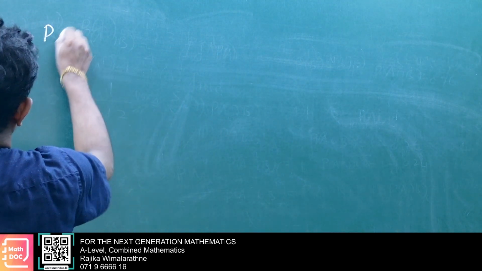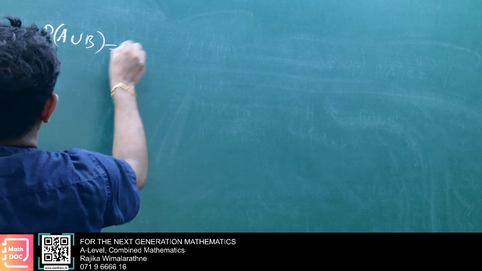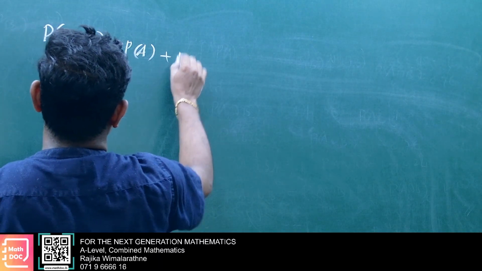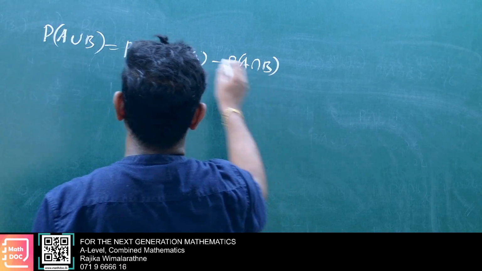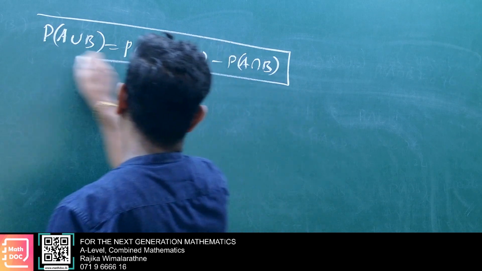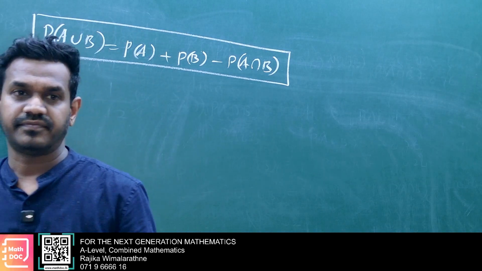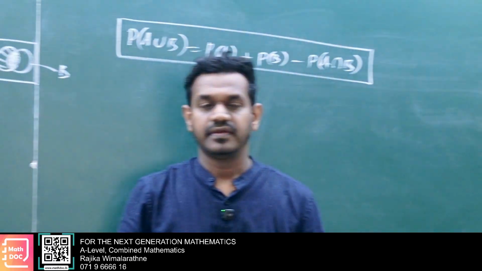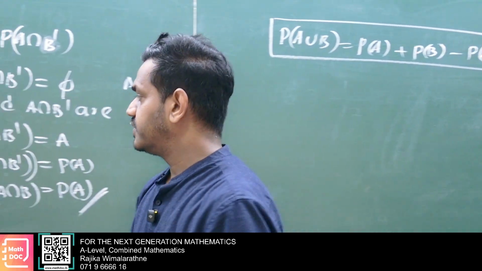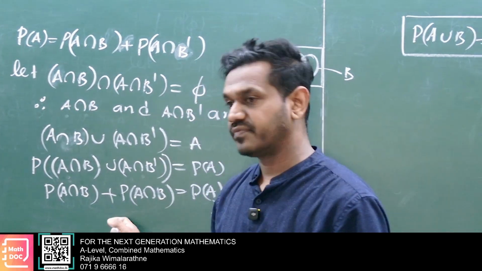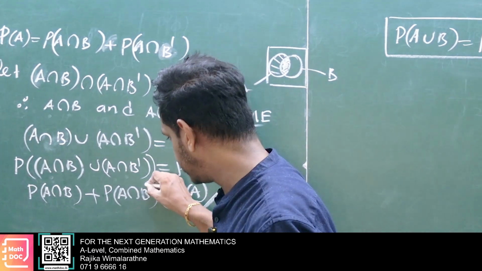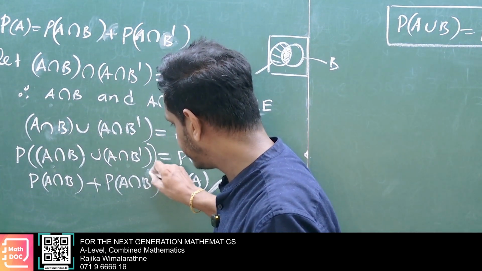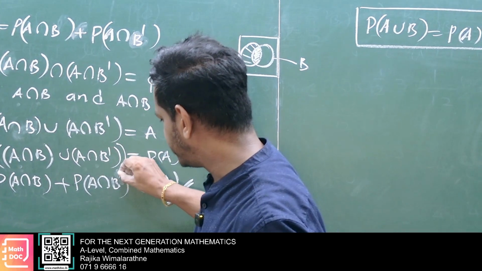Okay. Then next theorem: P(A union B) = P(A) + P(B) minus P(A intersection B). We're going to prove that one. So here you can take this proof. P(A intersection B) plus P(A intersection B dash), that is P(A), no?